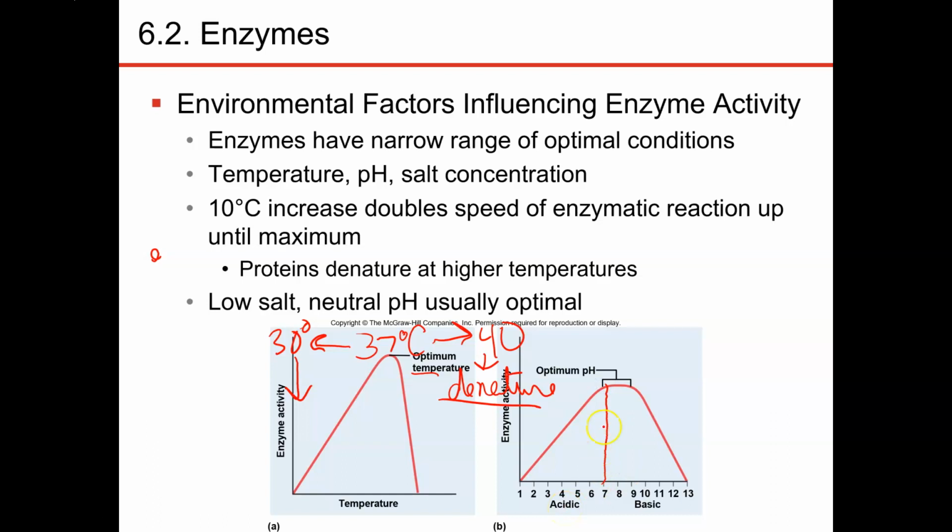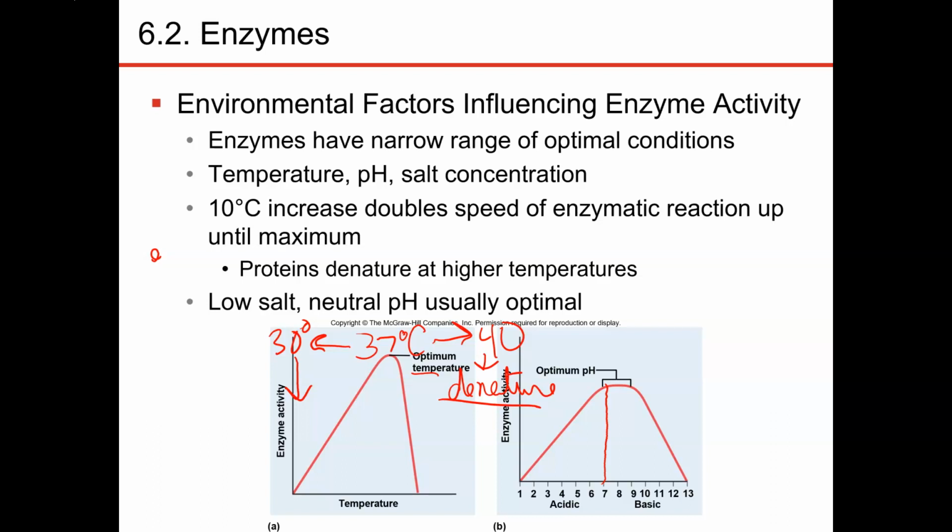Anything below that is likely acidic and is going to start decreasing enzyme activity. Anything high above that is also going to start denaturing those enzymes. So they work very effectively at a more neutral pH, but not all enzymes do. There are enzymes in your stomach that work in a very low pH.